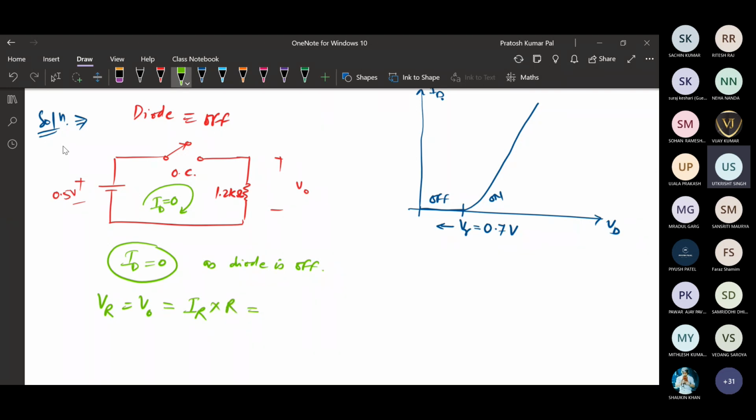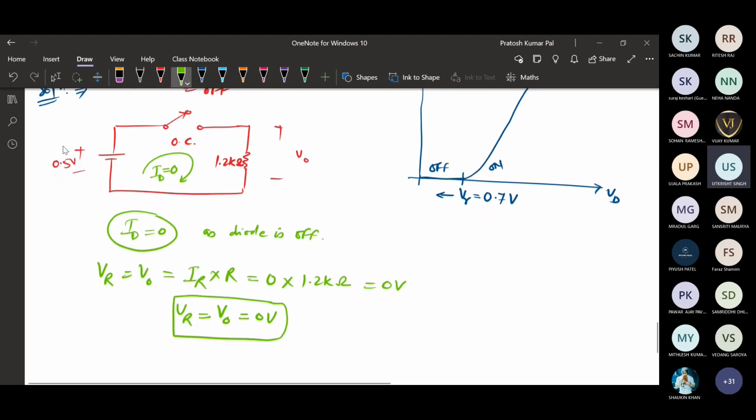So IR, the current flowing through this, is 0 multiplied by 1.2 kilo ohm, so that comes out to be 0 volt. So the voltage drop across the resistor, given by V output, will be equal to 0 volt. Okay.